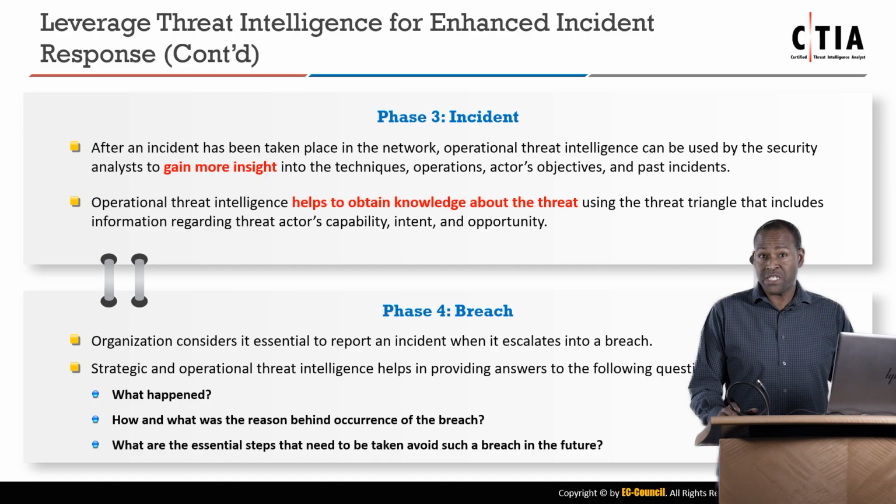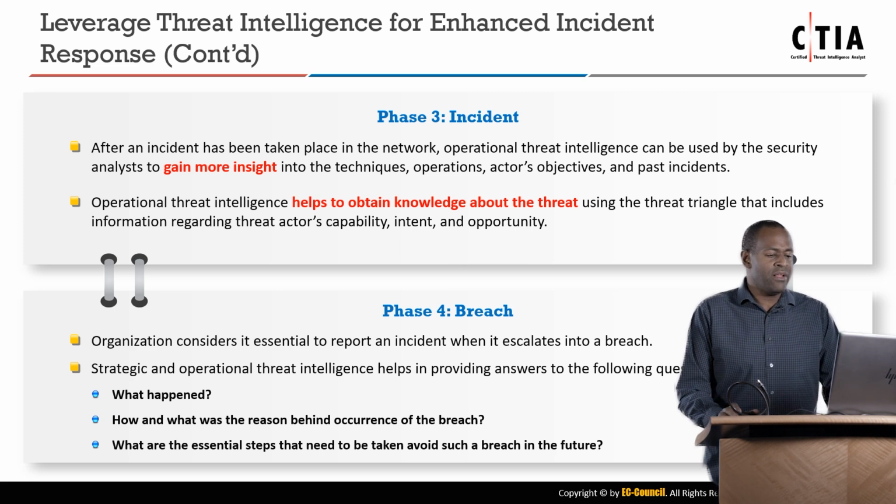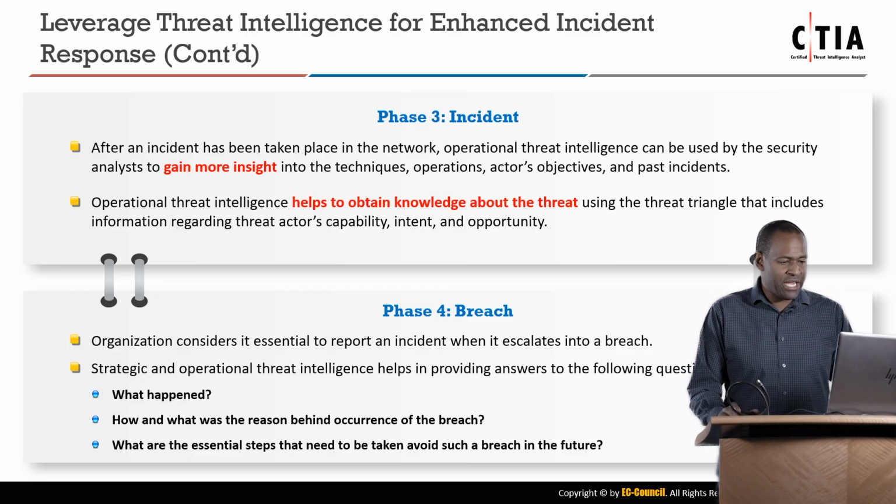So what we want to do is frame this incident so that we understand the incident in the larger context and not as an isolated event. So that's the incident. Then phase 4 is breach, much worse than an incident.